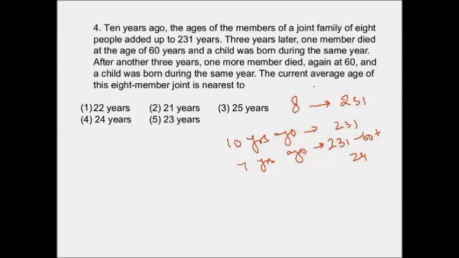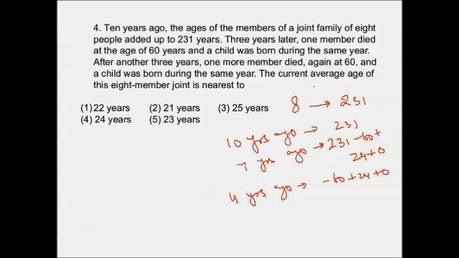And a child was born during the same year, that means the child's age would be added, that will be 0 at this time. And then he says after another 3 years, that means after 4 years ago, again the same thing happens. So again 60 would be reduced, again 24 should be added and 0 should be added.